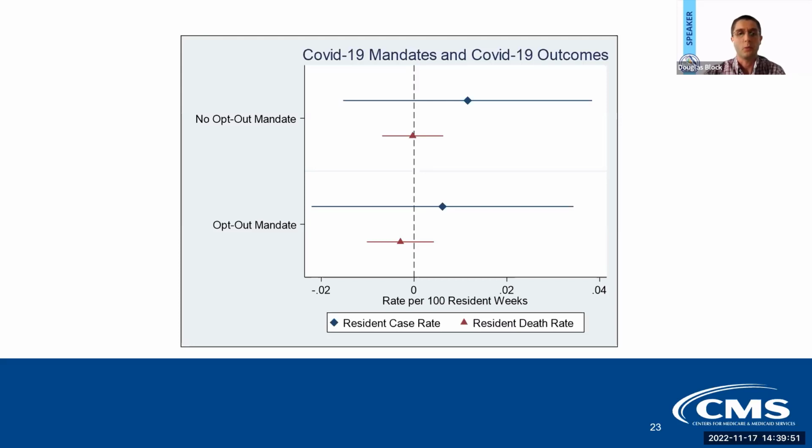And we think one of the reasons there is no effect of these mandates that we can detect is because you already had a really high rate of vaccination among nursing home residents, about 90% on average. And you also had a high vaccination rate among staff, even before the mandate. And because a lot of these mandates went into effect after you have really high levels, having a few more people vaccinated doesn't seem to be related to lower rates of problems for residents.